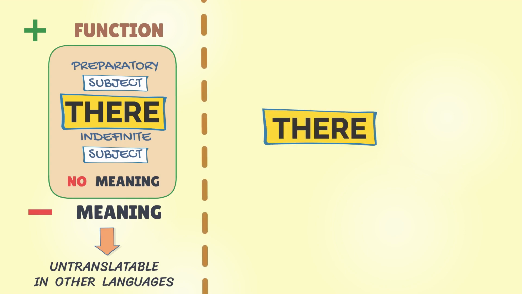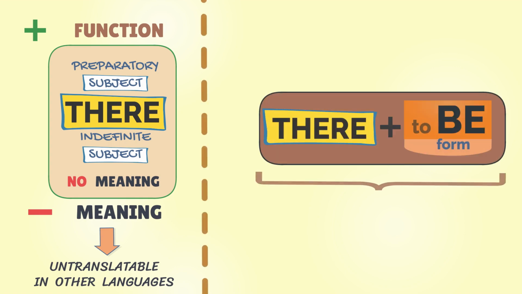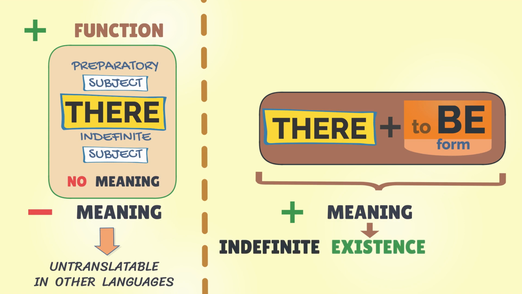There gets the real meaning only together with the verb to be. Thus, the grammatical form there plus to be has the meaning of indefinite existence. It means that attention is focused on the very fact of existence as such.